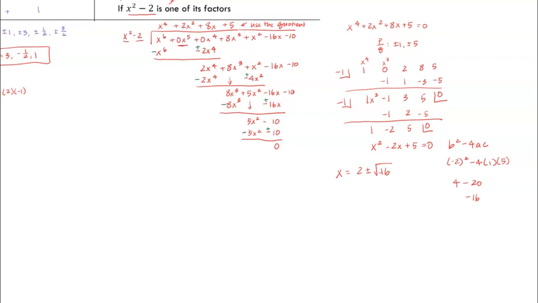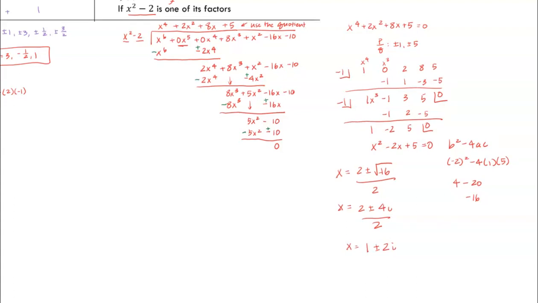You can use it as a radicand. X equals 2 plus or minus 4i over 2. So x equals 1 plus or minus 2i.